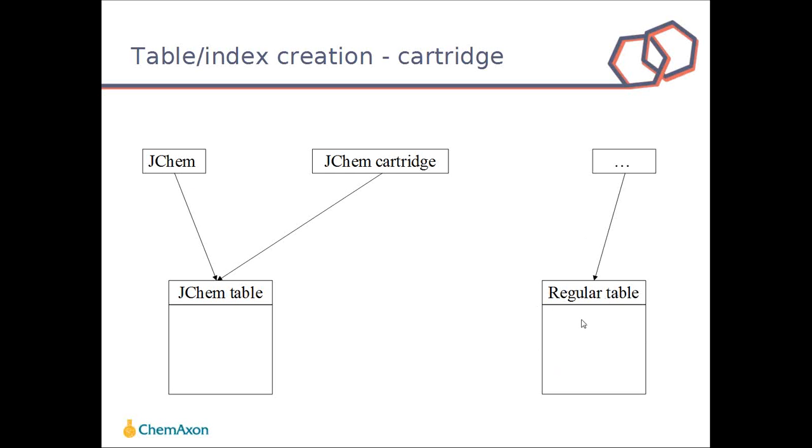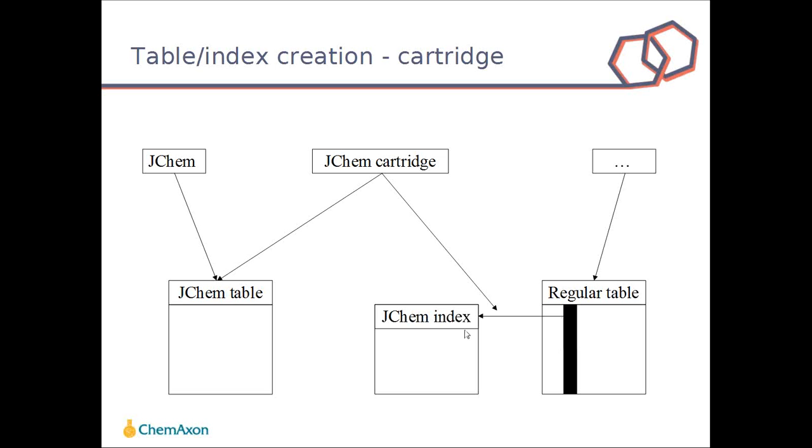Let's assume we have another table that was created by another tool. What is required is that this table has a column that contains structures in a JChem recognizable format. Then, for this column, you can create a JChem index with the JChem Cartridge.